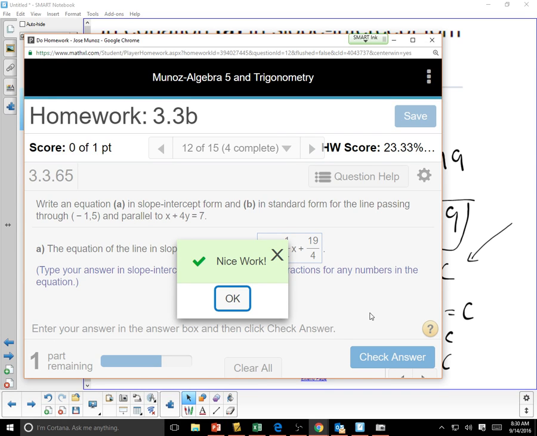I just pushed clear all. So negative fraction, 1 over x. Come on.